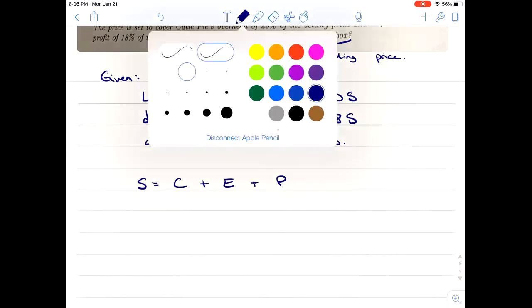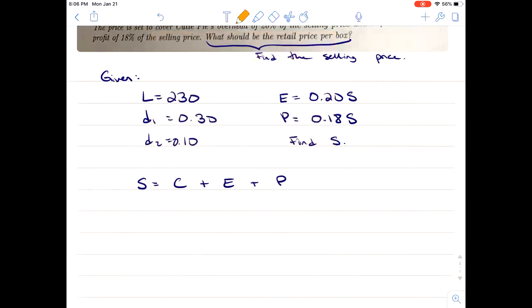I know what E is, and we know that P is this. So once we have S, then we can find E and P, because they each have S's in them. But we can only do that if we had C. Then we could solve for S.